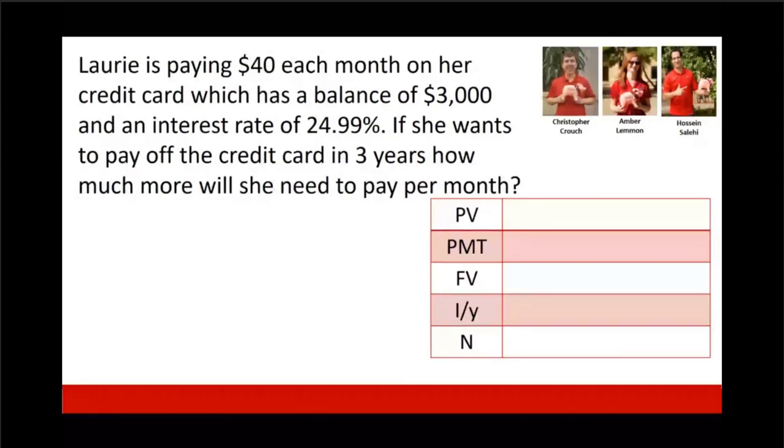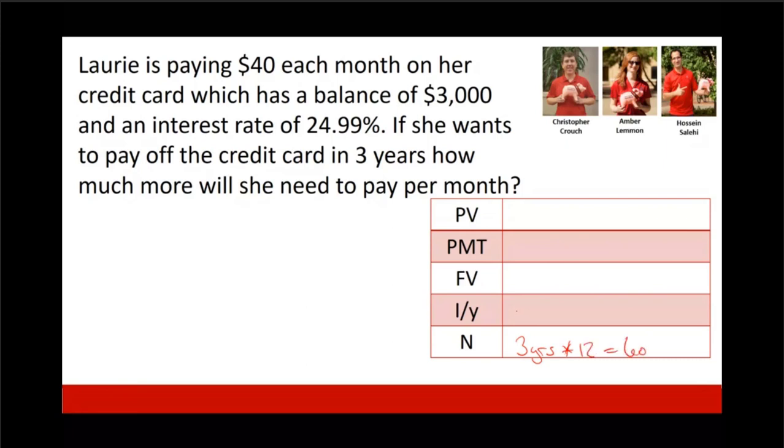All right. Another time value of money problem, right? What's tricky about this problem? Okay, let's set it up. So Lori's paying $40 on her credit card. She has a balance of $3,000, interest rate of 24.99%. She wants to pay off the card in 3 years. How much more will she need to pay per month? So if we set this up, years, we have 3 years times 12 months, right?